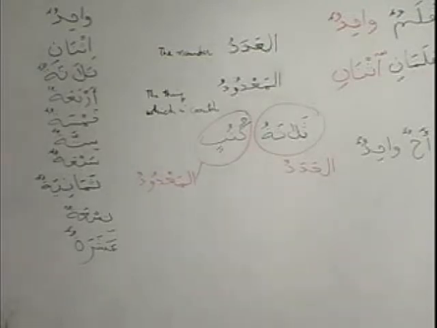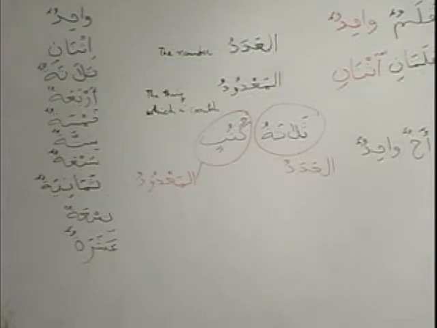So salasatu aqlamin, arba'atu aqlamin, khamsatu aqlamin, sittatu aqlamin, sab'atu aqlamin, thamaniyatu aqlamin, tis'atu aqlamin, asharatu aqlamin. You got the idea? This is how we will count.